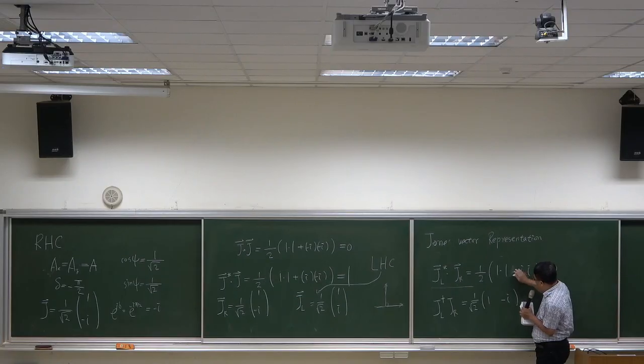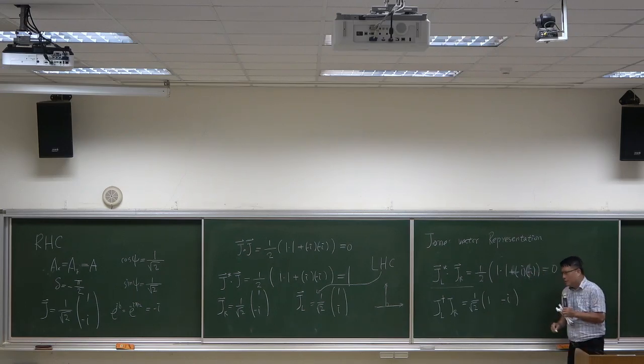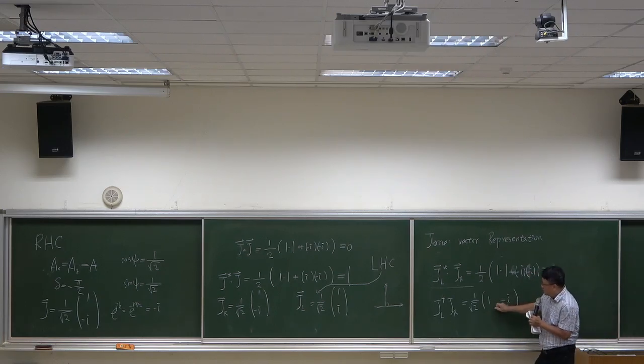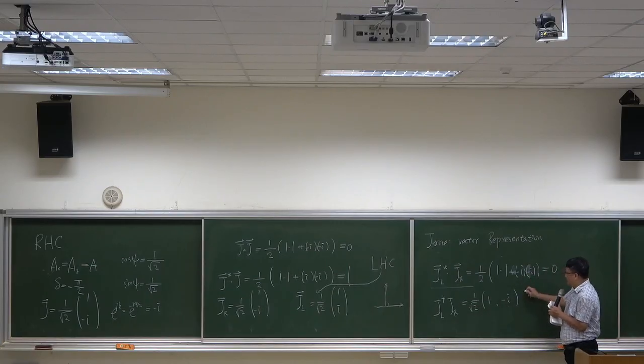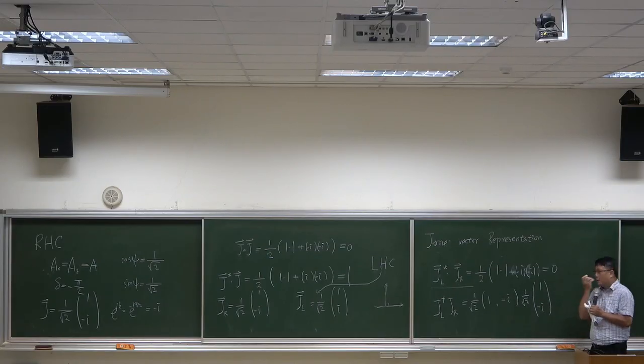I wrote this wrong, this is negative i. Negative i times negative i, but it's still zero. J_L dagger times J_R. Okay, then the result is 1/2 times (1 minus 1), equal to 0.